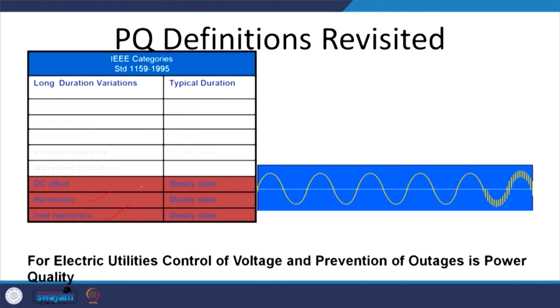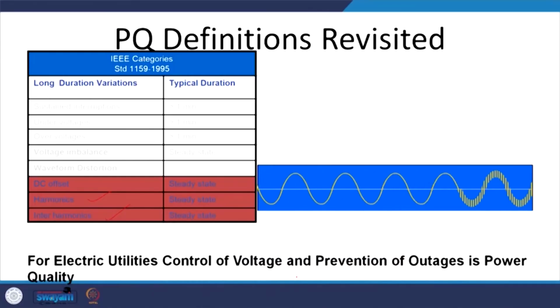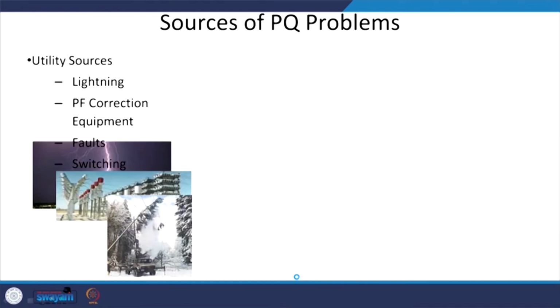So, for the electric utility, control of the voltage and prevention of outages or power quality problems, we require to mitigate all the issues explained here. We have just discussed it, just a recap.